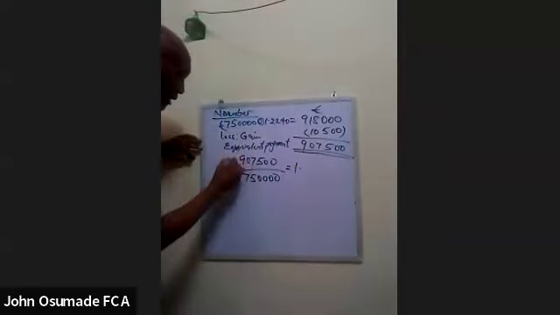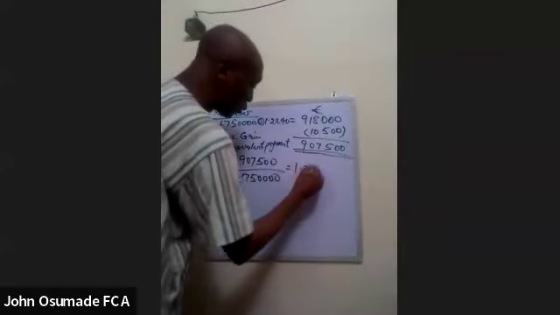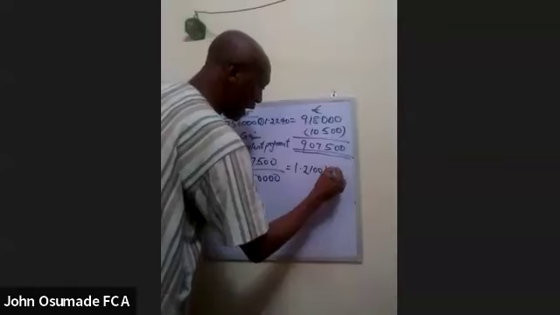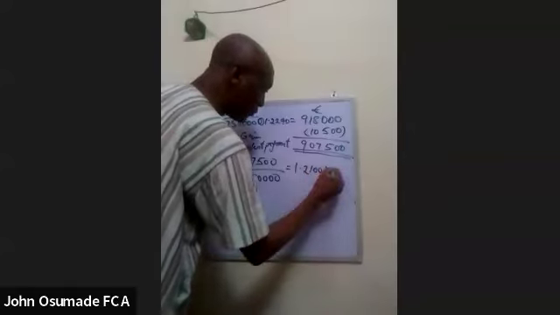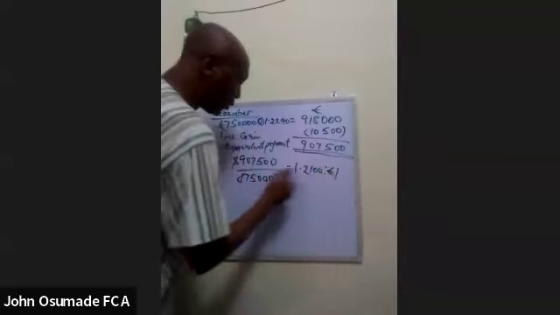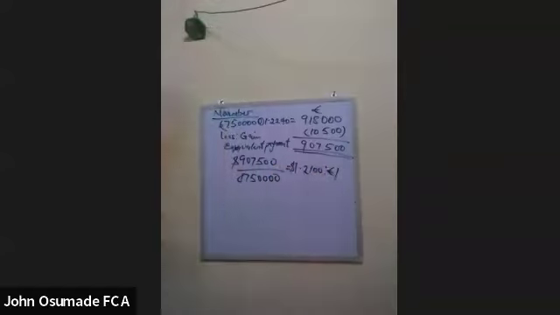Because this is what we will be paying in dollars, $1.2100 to 1 euro, and that is the spot rate during the transaction.